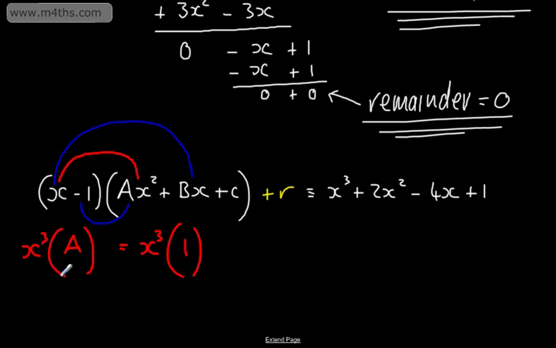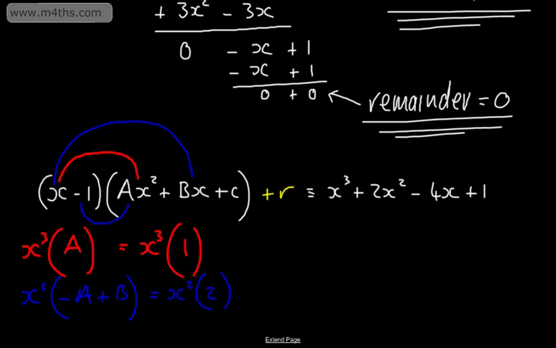So if I write this on a different line, the x squared terms on the left hand side of the identity are going to give me -a, and then plus b. That's going to give me a term in x squared. Now what do we know that that's going to give us? Well, over here the x squared is going to be 2. So I can simply write that in.